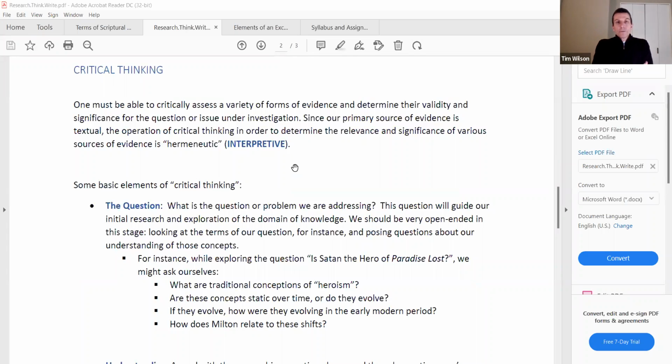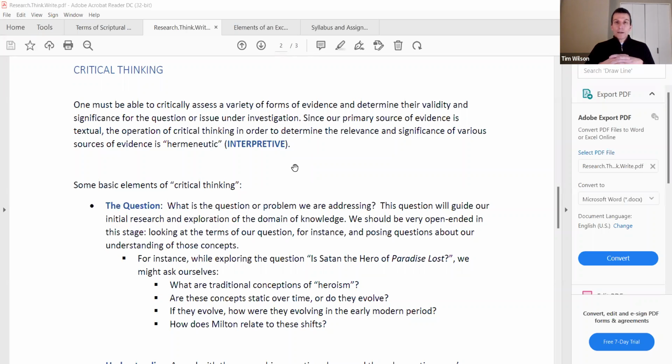So now the critical thinking part is next. So you've done some research. You've assessed different interpretations. You've assessed the primary text. So we have to critically assess what we've looked at. We have to be able to assess various forms of evidence and determine their validity and significance for the question that's under issue.